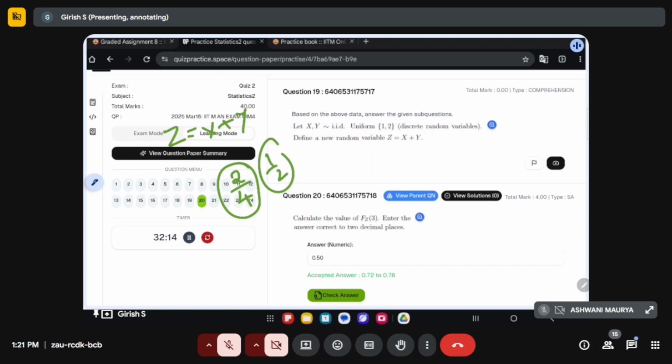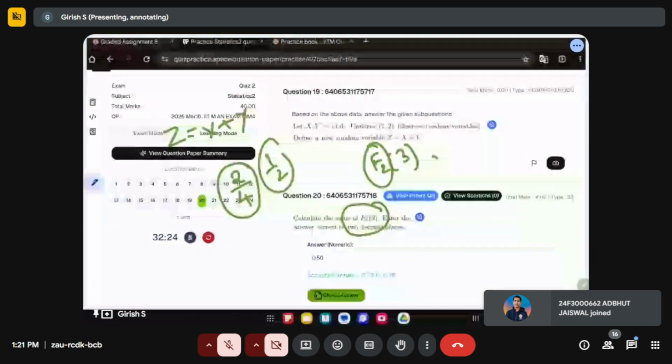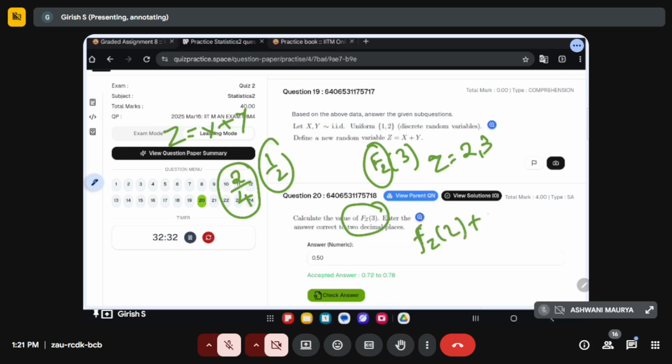But if you look at this question, it is F_Z of 3, and this F is capital F. What does that mean? Okay, CDF. So Z can take values 2 and 3. We have to add F of 2 plus this. So for the possibility of 2, it is 0.25.